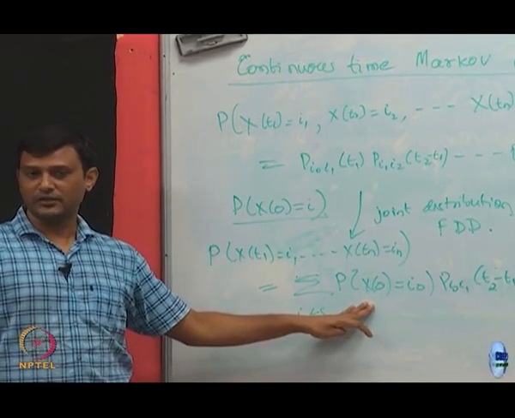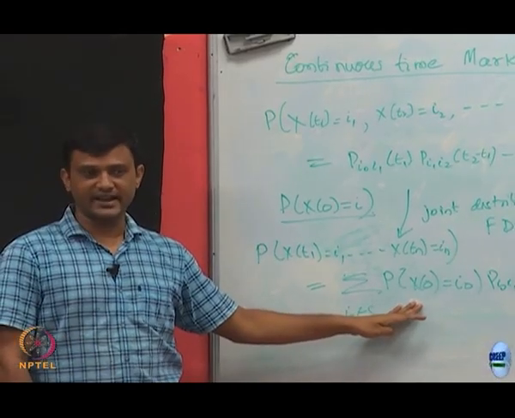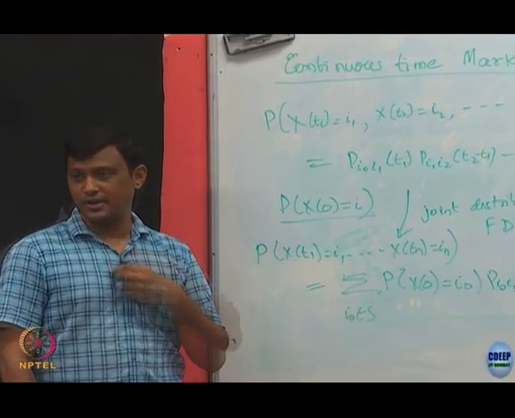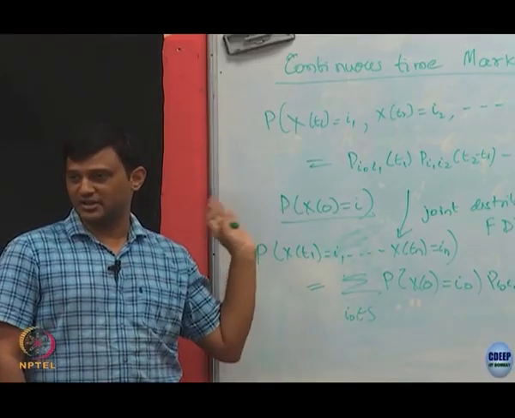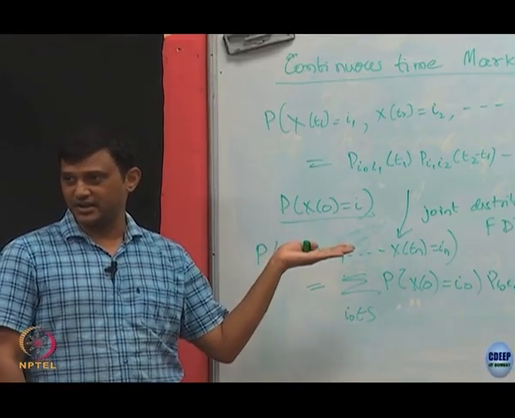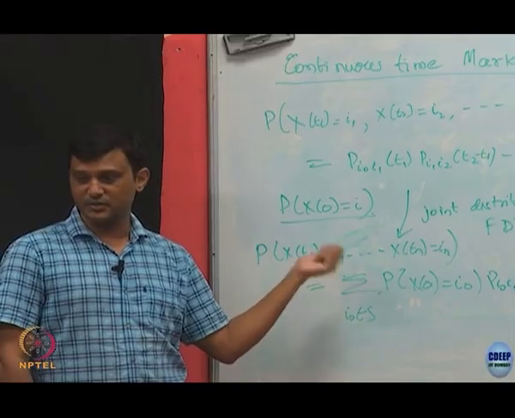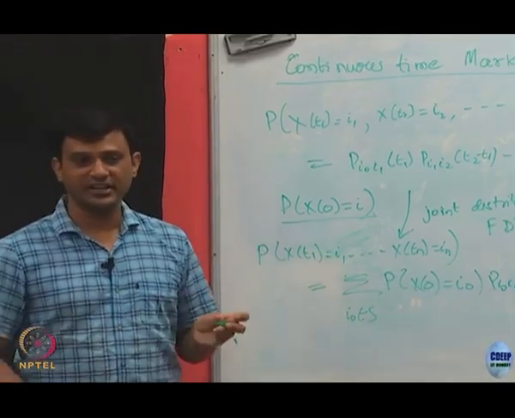We always said that to complete the characterization of your process, you need to give a full description of your finite dimensional distributions, right? To give the finite dimensional distributions for the DTMC, what did we say we needed?